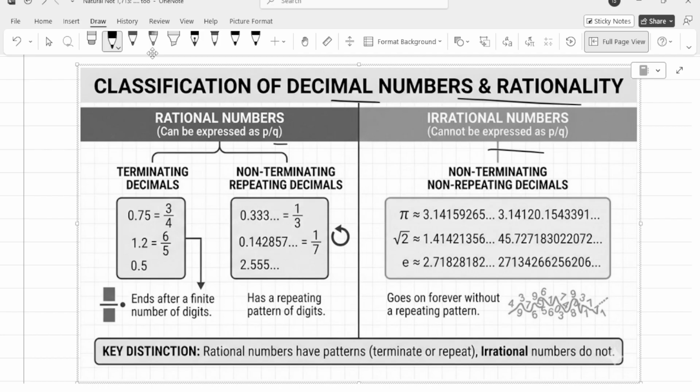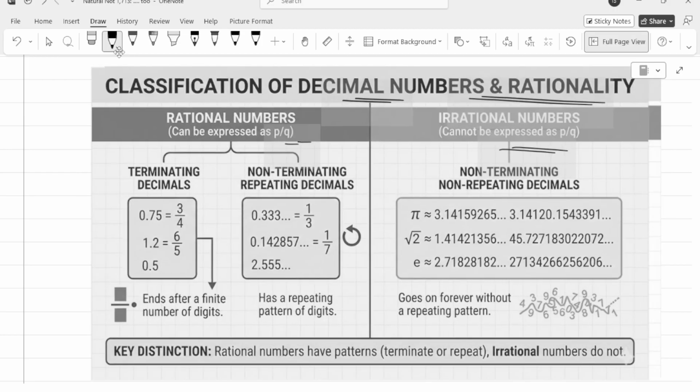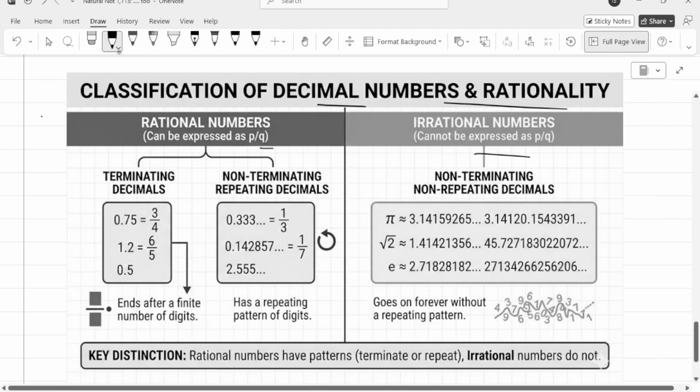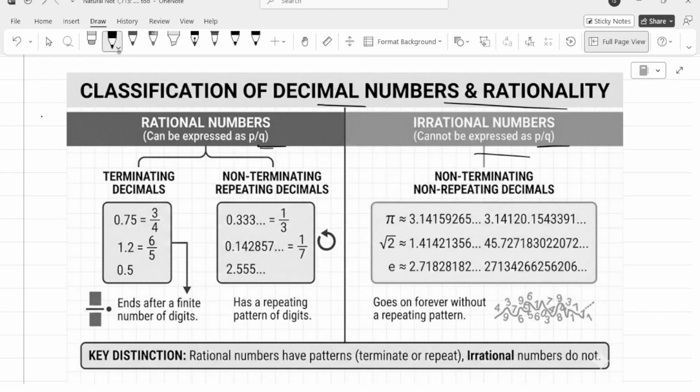First, we discuss rational numbers, which we can express in p upon q form, and irrational numbers cannot be expressed that way.